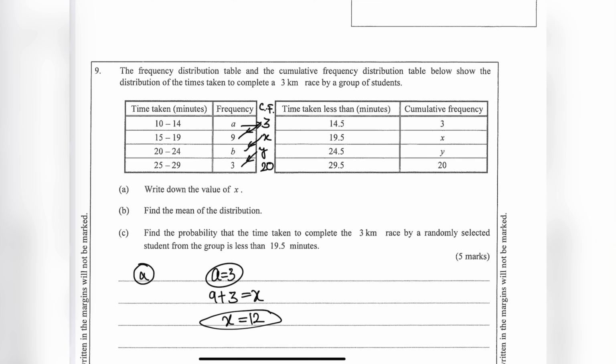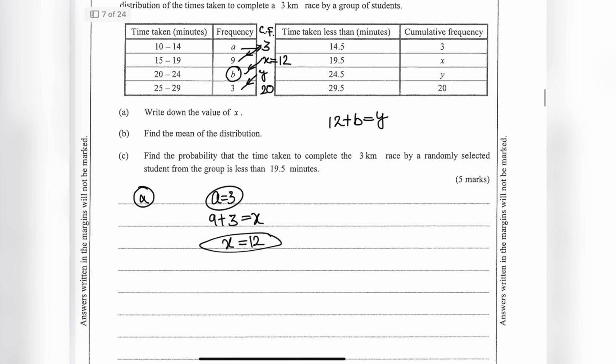Next, find the mean of the distribution. For the mean, we require the other numbers as well, so let's find how much D is. 3 plus 9 is 12, so instead of x we can write 12. 12 plus b is equal to y, and 3 plus y is equal to 20.